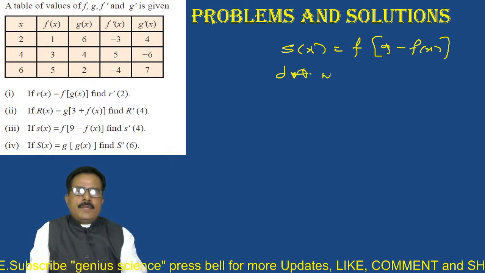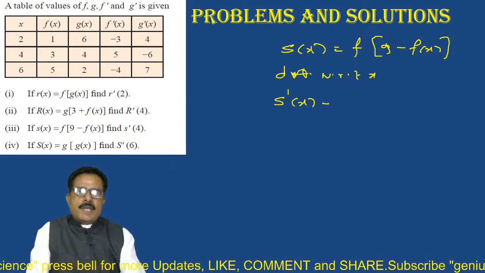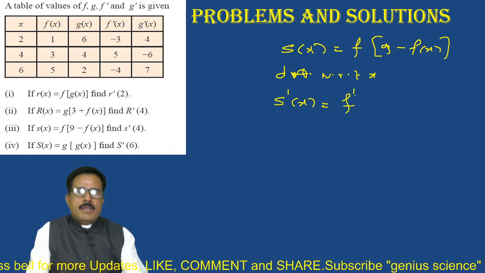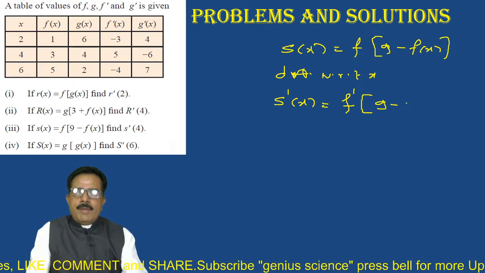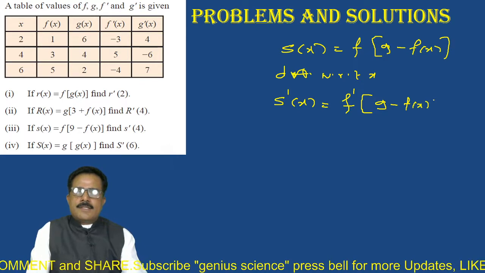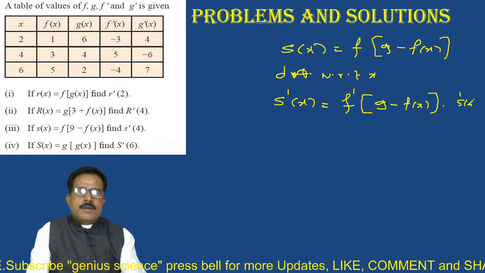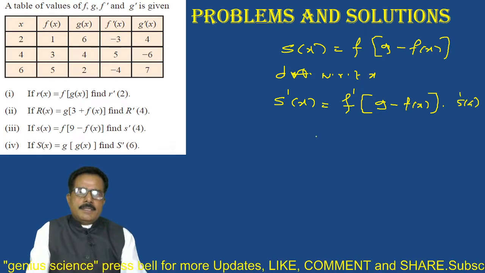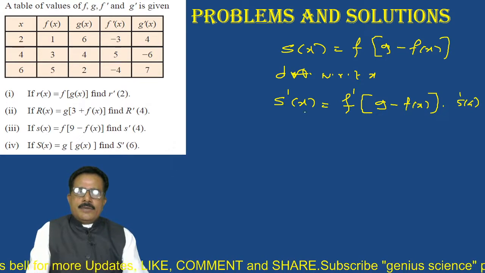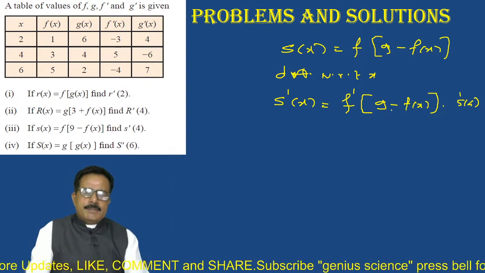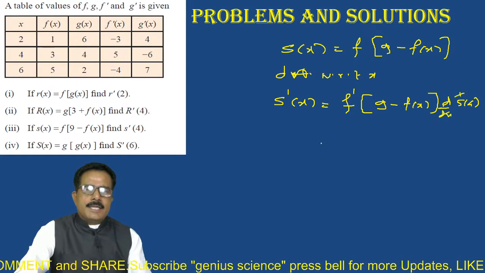Differentiate with respect to x: s dash of x equals f dash of 9 minus f of x into the derivative of the inner term.